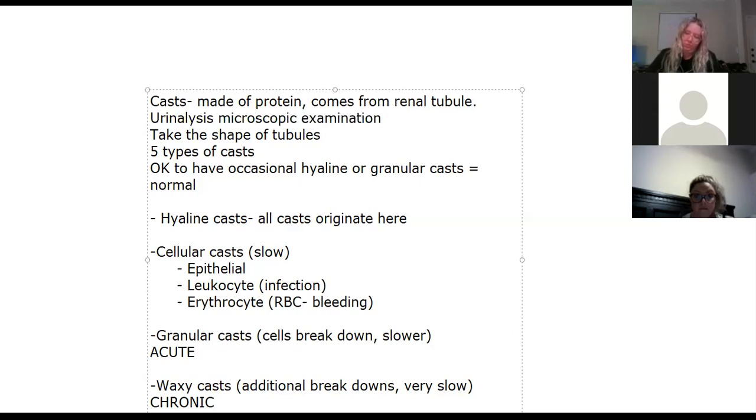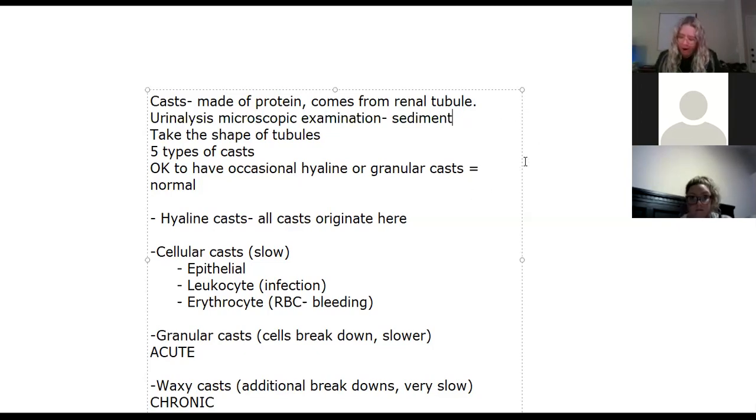So we're going to take our urine, spin it down in the centrifuge, and then we're going to look at the sediment. And in the sediment, we can find the casts, we can find blood cells, we could find crystals, we could find bacteria. There's tons of things that we're going to be able to find potentially in our microscopic exam of the sediment.